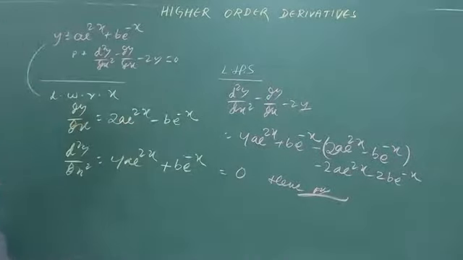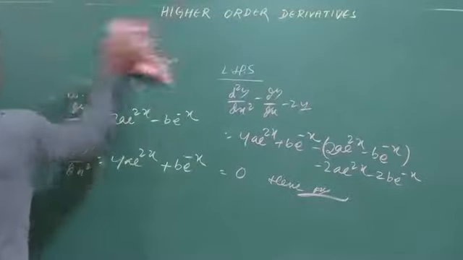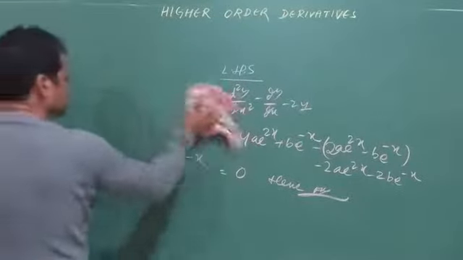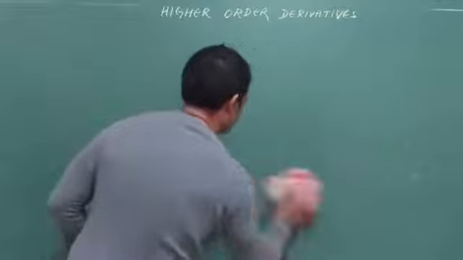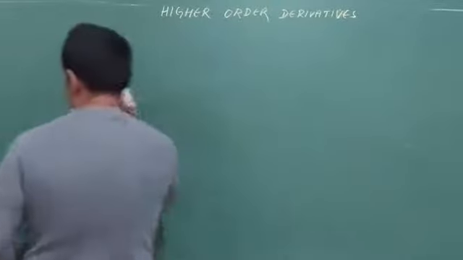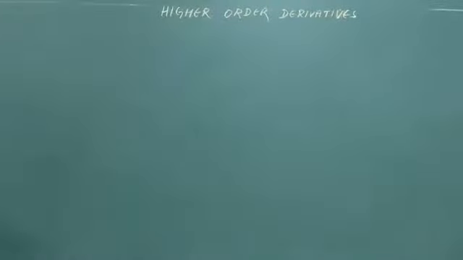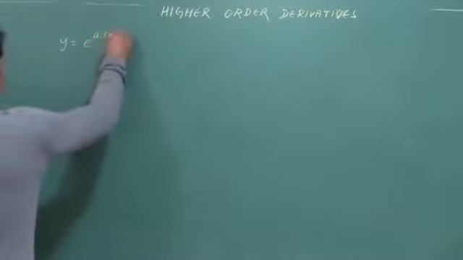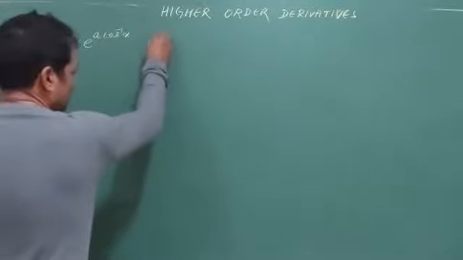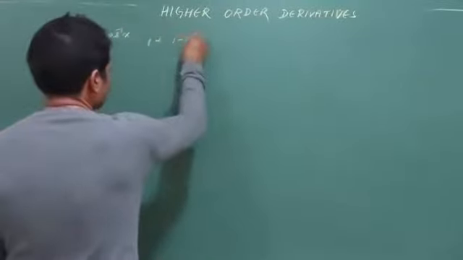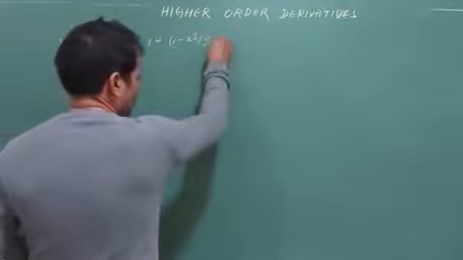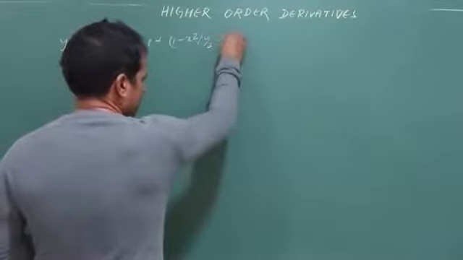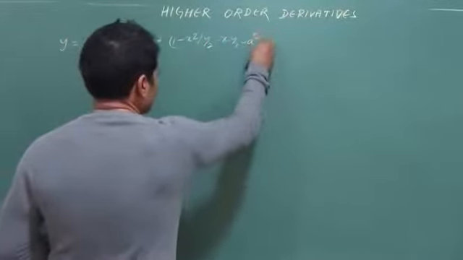Alright, one more question. y is equal to e to the power a cos inverse x. Prove that (1 minus x square) y2 minus x y1 minus a square y is equal to 0.